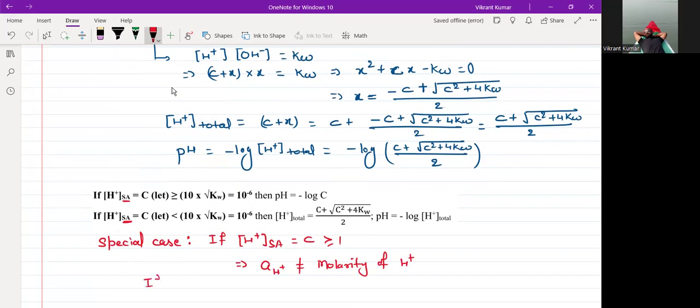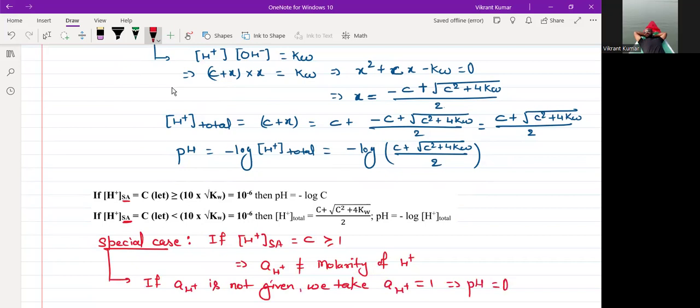So if activity of H plus is not given, we take activity of H plus equal to 1, and that's why pH in that case will become 0.